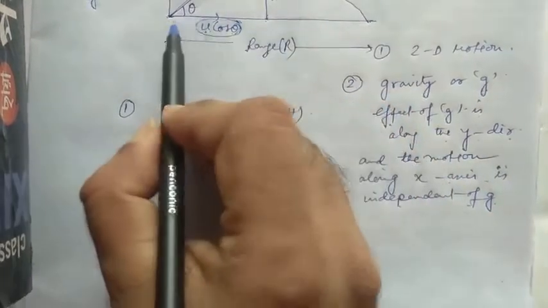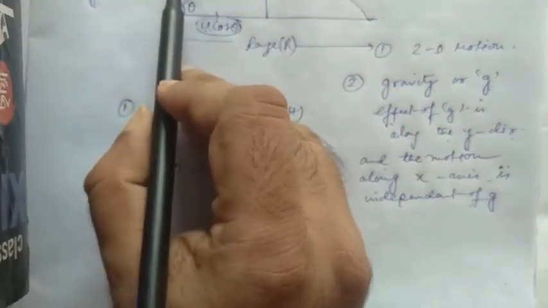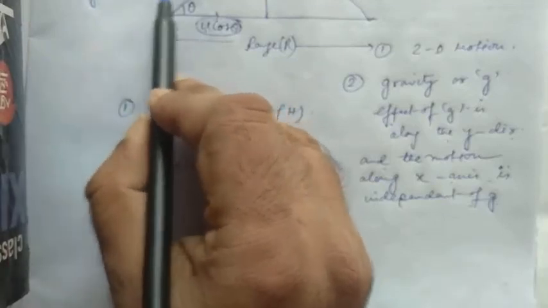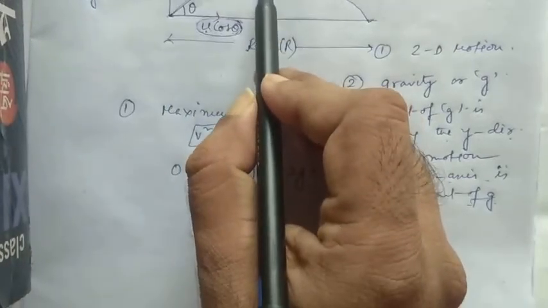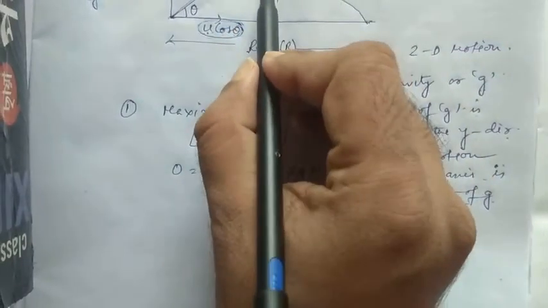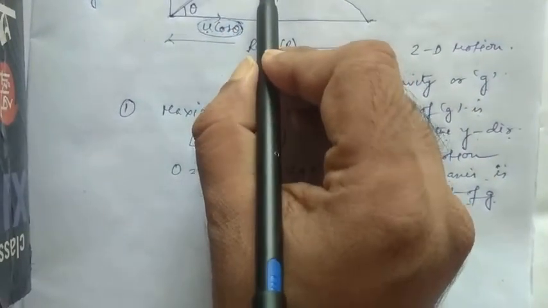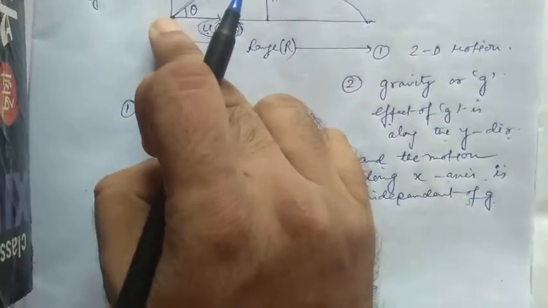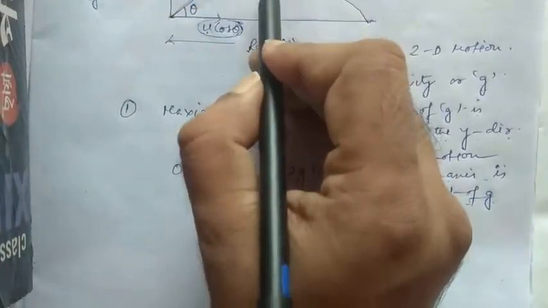As the particle moves upwards with the initial velocity of u sin theta, when it reaches the peak point A, the vertical component of velocity at point A becomes 0.